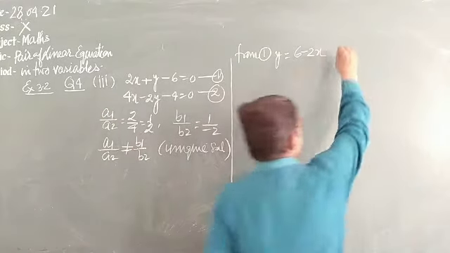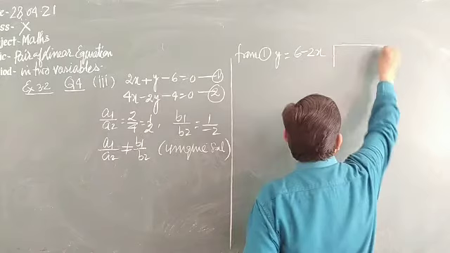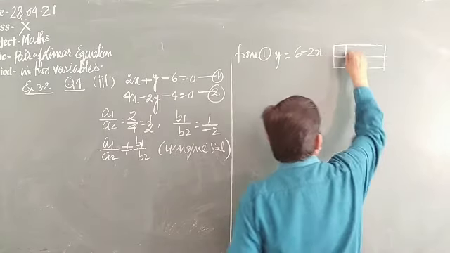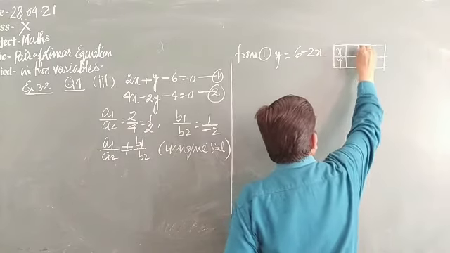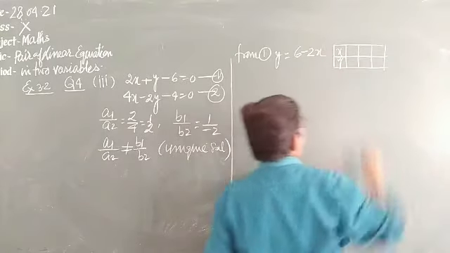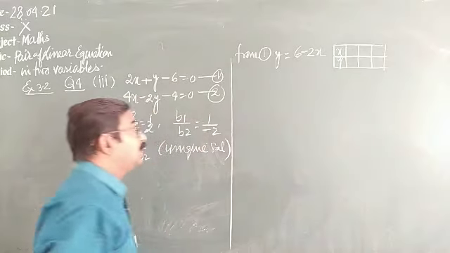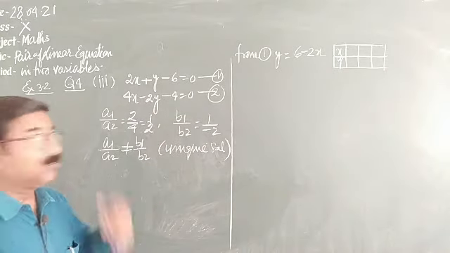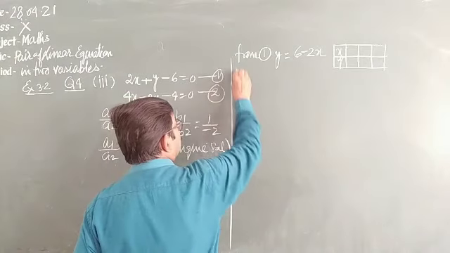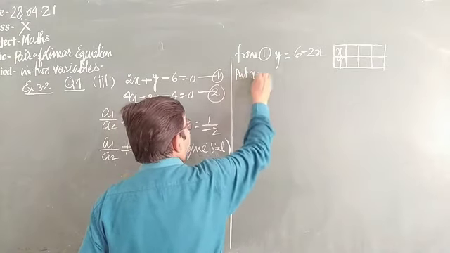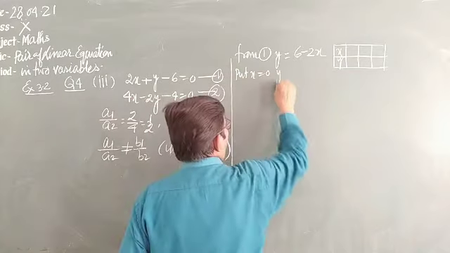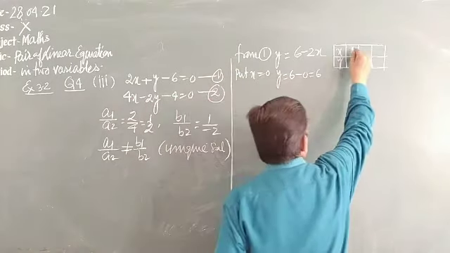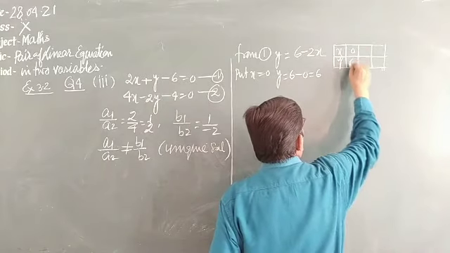Make a box for x and y. Now write the value of x to get y. Put x is equal to 0, then y is equal to 6 minus 0, which is 6.